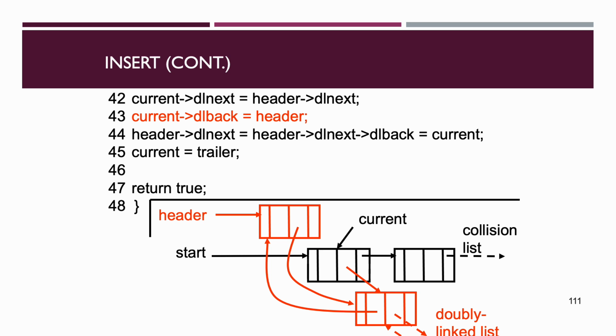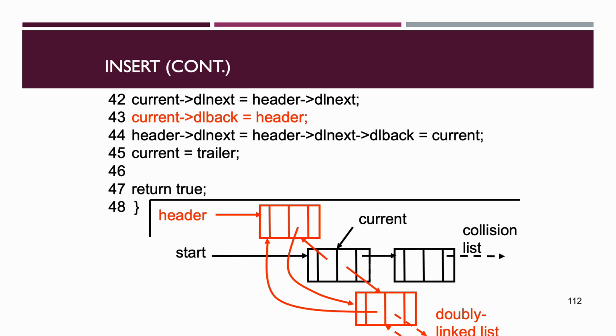Next, this line is making current pointing to DL back equal to header. Now the current one, the middle black one, is pointing to header with this red arrow.